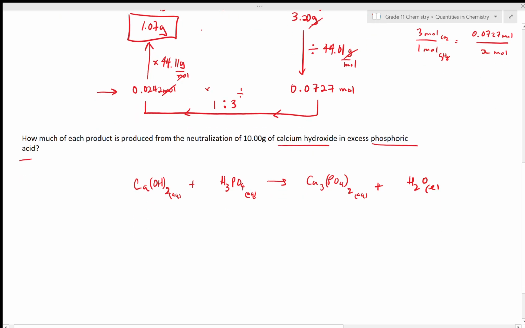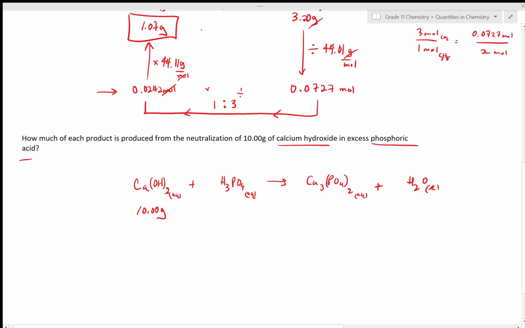In any case, I'm going to write down what I know. So I want to know how much of each one of these products. I want to know how much calcium phosphate in grams and how much water in grams I'm going to produce when we have excess phosphoric acid. In other words, so much phosphoric acid that I can react all 10.00 grams of calcium hydroxide.